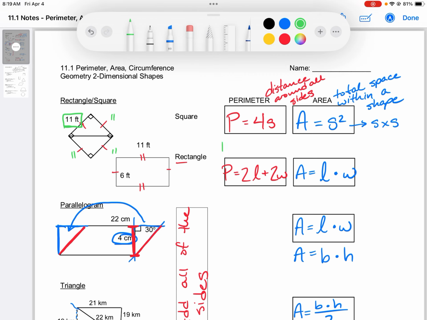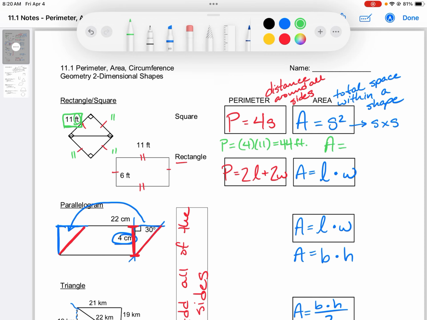And since it's a square, that means all the sides are 11. So for the perimeter, I would just do 4 times 11 because there's 4 sides of 11, and that would give me 44. And it's also important to make sure you put the unit. So for this one, it's feet.